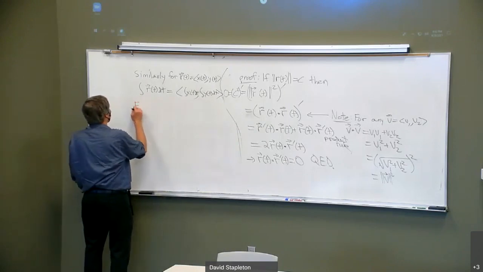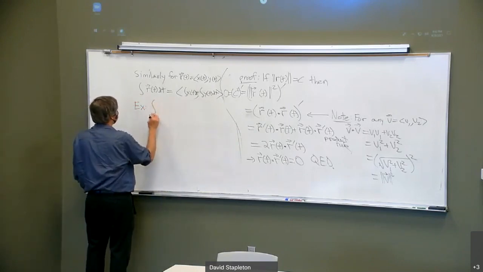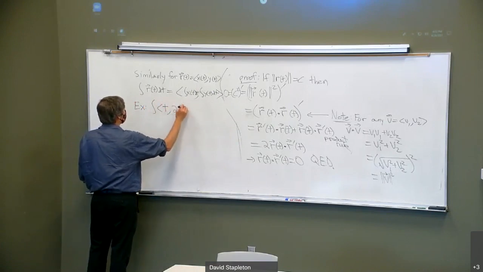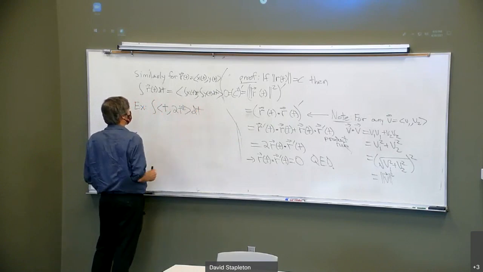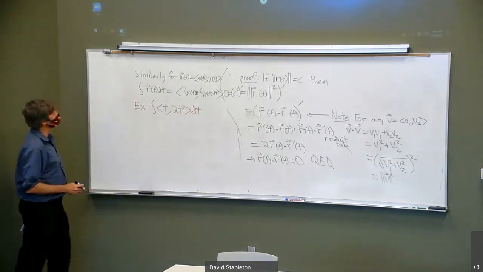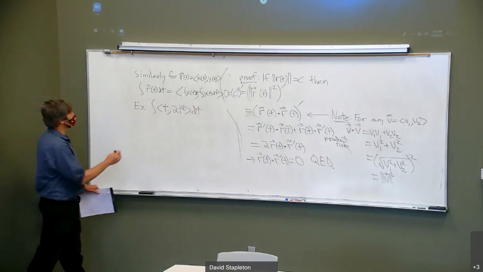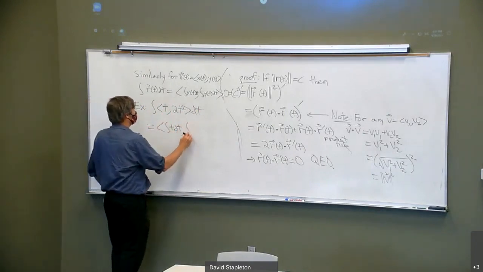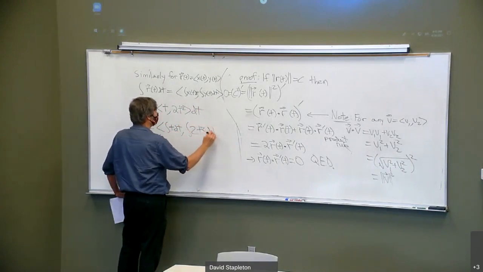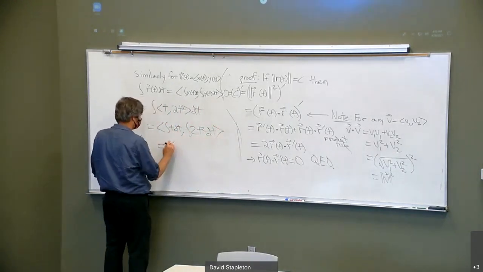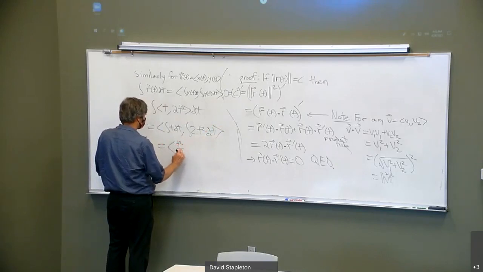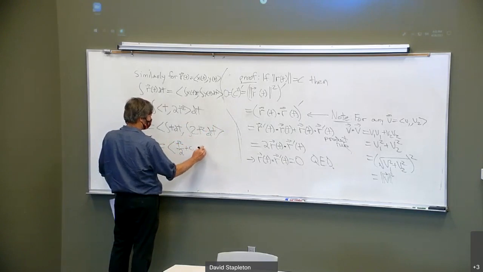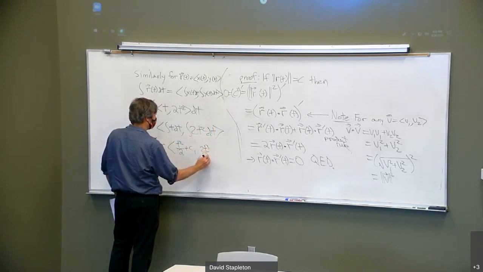For example, if I find the antiderivative, let's go back to this, t and 2t squared. What are all antiderivatives of this vector valued function? Well, we just integrate component by component. It's the integral of t and the integral of 2t squared. And then now you just do calculus 1. Integral of t is t squared over 2 plus a constant. And integral of 2t squared is 2t cubed over 3 plus a constant.